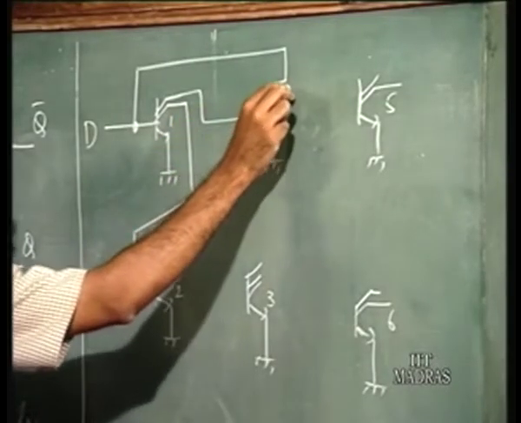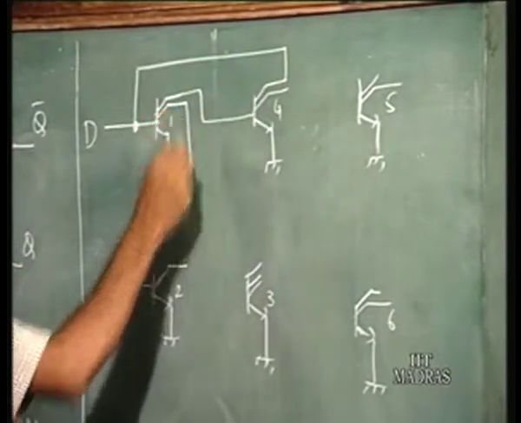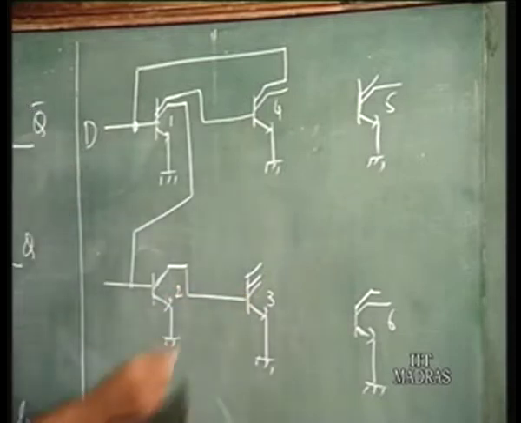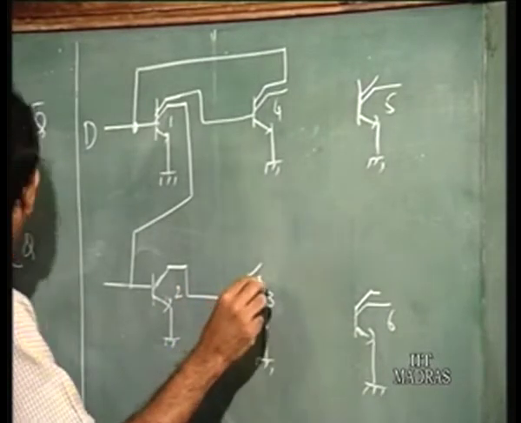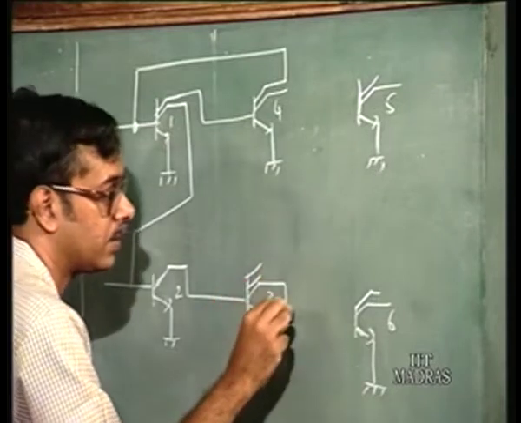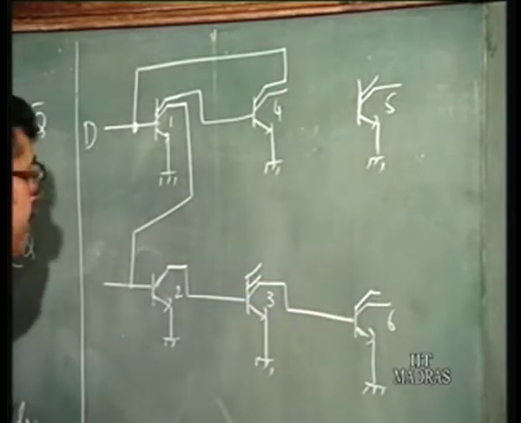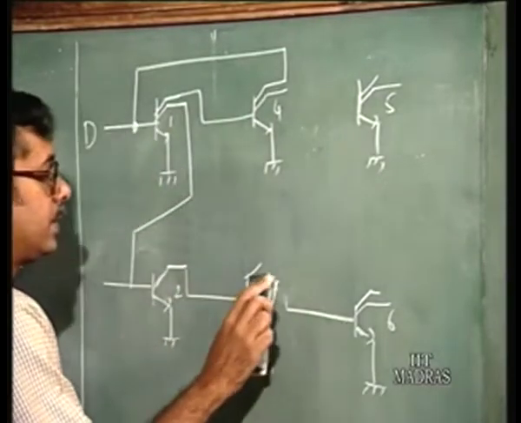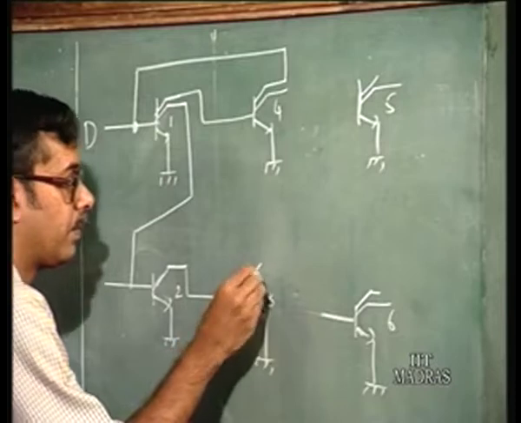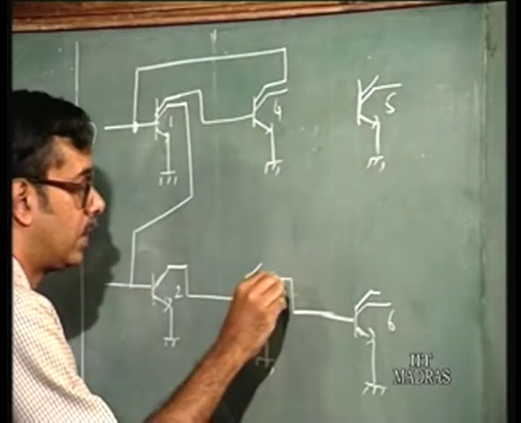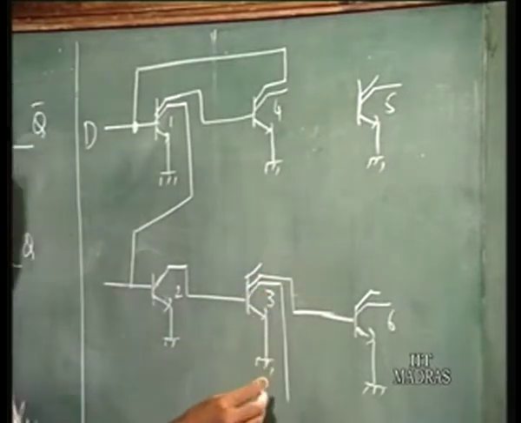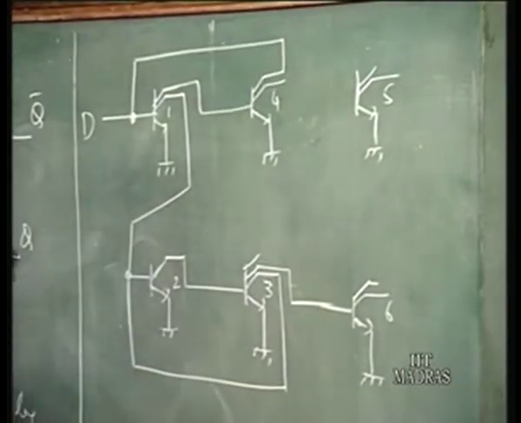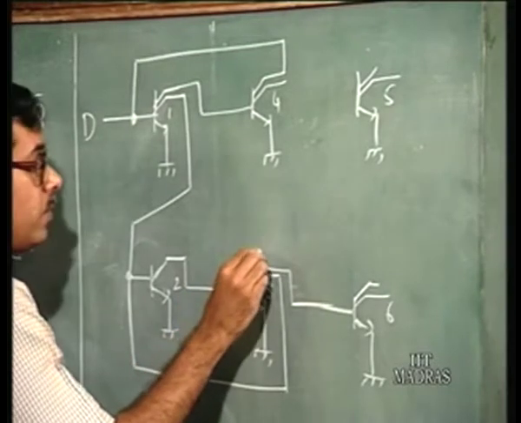Then 2 goes to the base of 3. And from the output of 3, there are 3 outputs. 1 is going to the input of 6. Just to help my drawing, I take it from this collector. Then 1 goes to the base of 2 here, and another one goes to the base of 4 here.